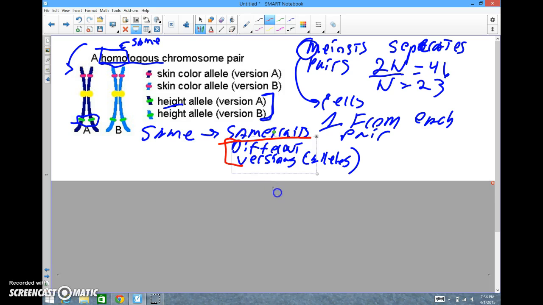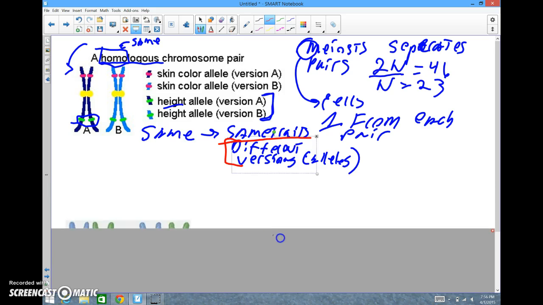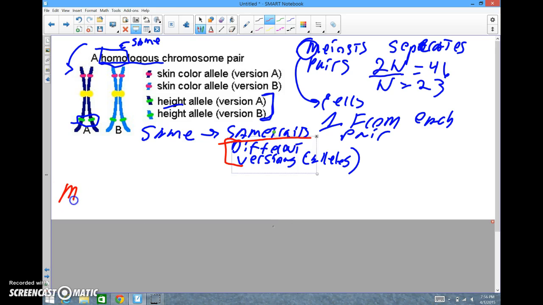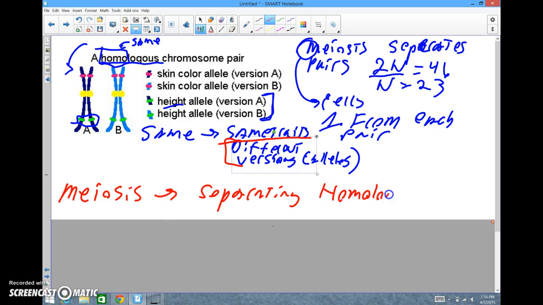Okay? And so this process of meiosis is all about separating these homologous pairs at random.